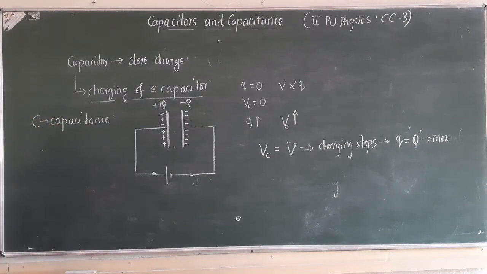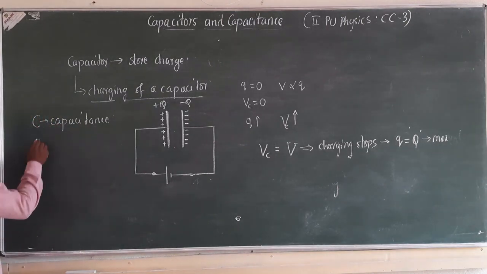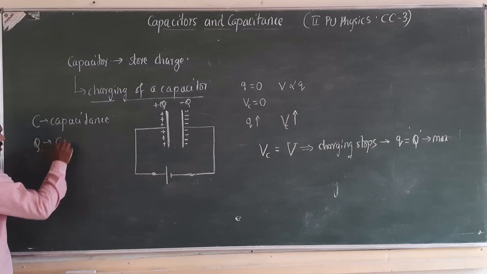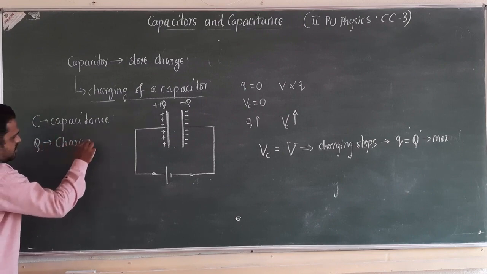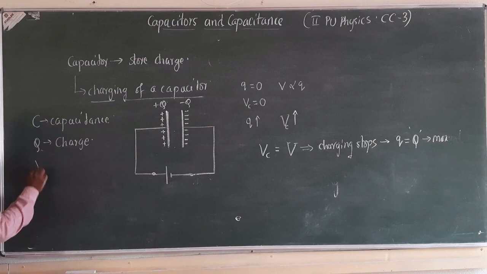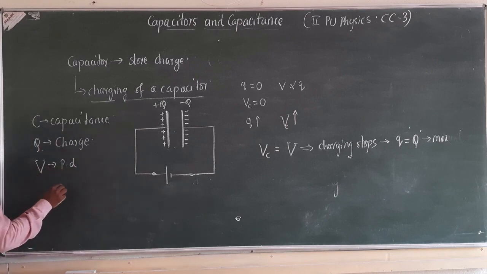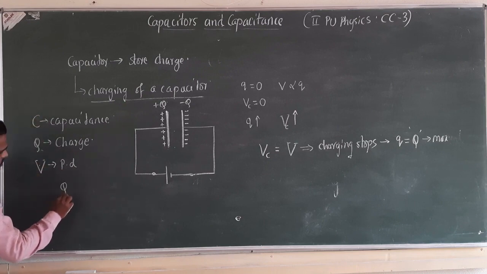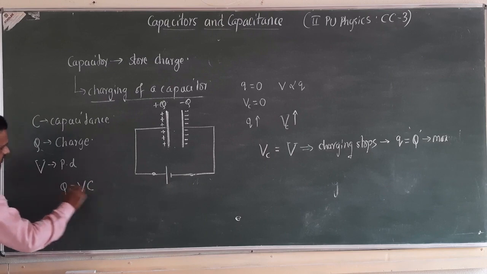Next, if Q is the amount of charge stored in the capacitor when it is fully charged with the help of a battery of V, if V is the potential difference between the plates of the capacitor, then the relation between these three quantities is Q is equal to V into C.